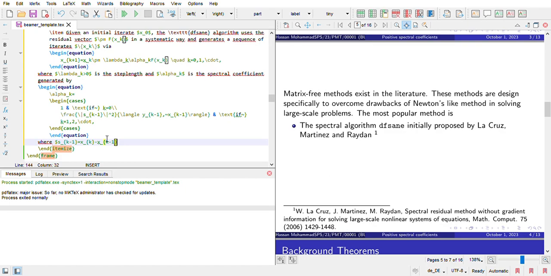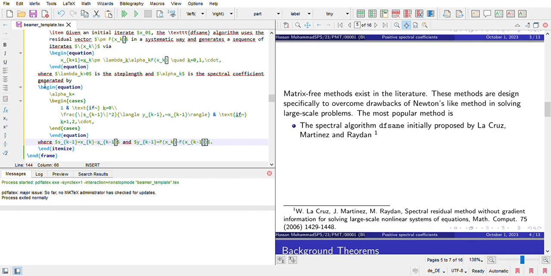So we close the dollar sign, and then y_{k-1} also will be equal to, yes, f of x_k minus f of x_{k-1}. So this is the definition of the two.